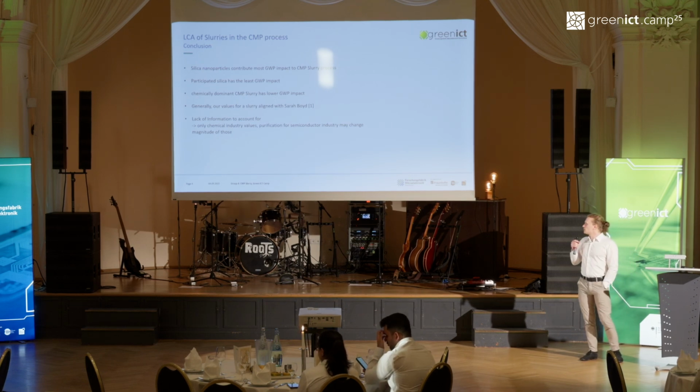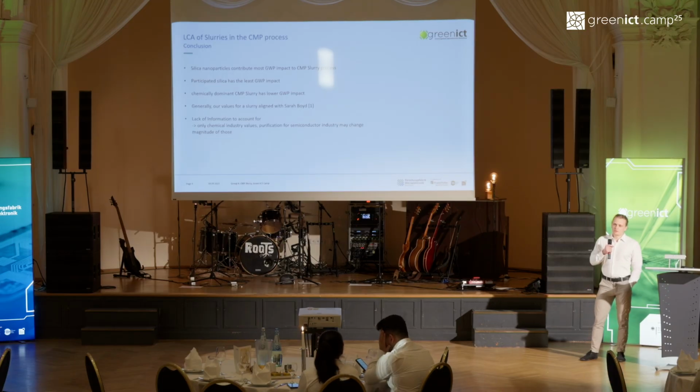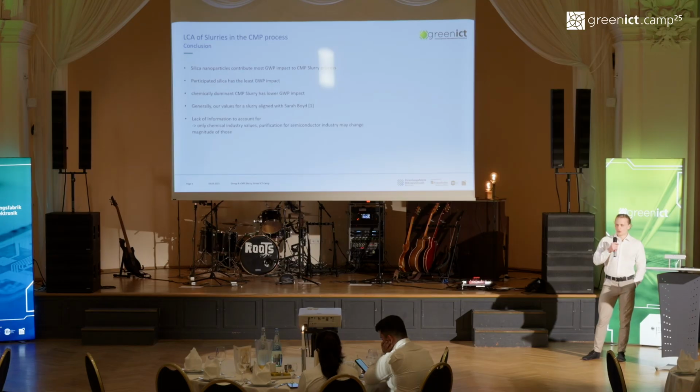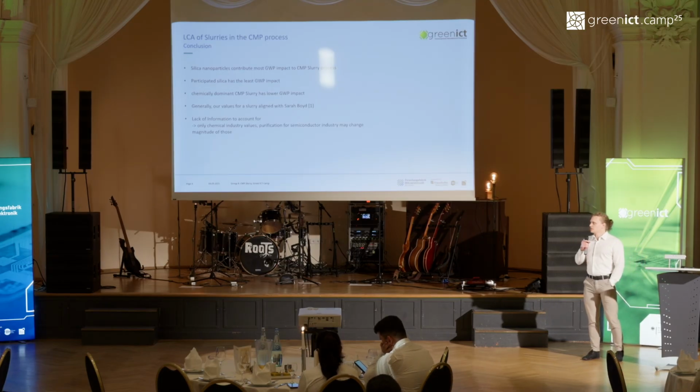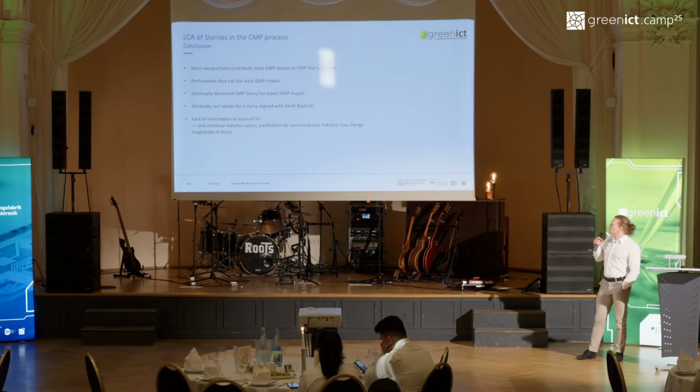One example: we used a TIOS value in the Stöber route of around 5 kg CO2 equivalent. If you look at the Sara Boyd publication, she mentions that TIOS in the semiconductor industry is more around 100 kilograms of CO2 equivalent. So this would be a change in magnitude.